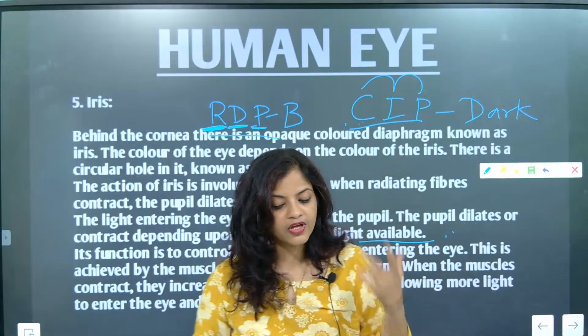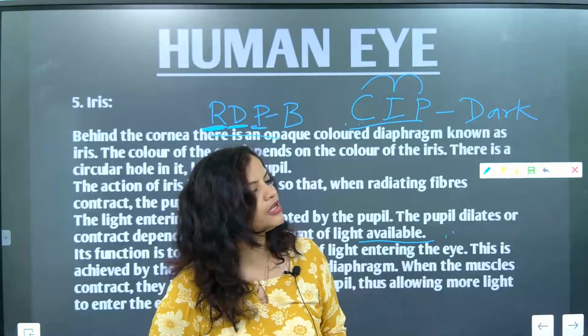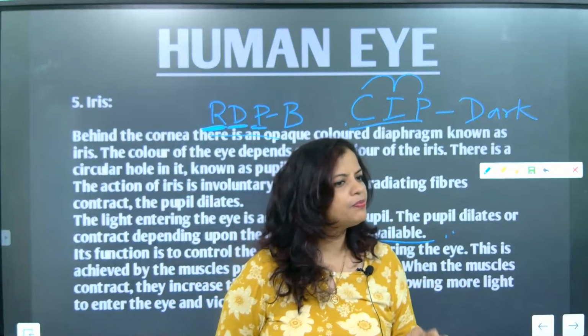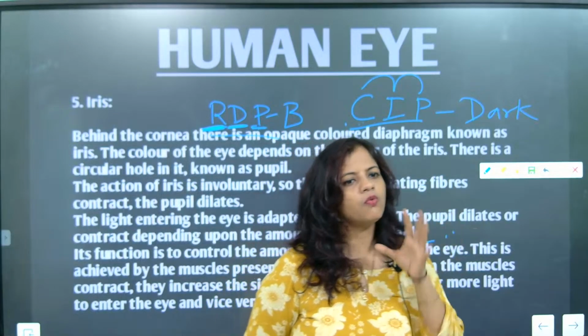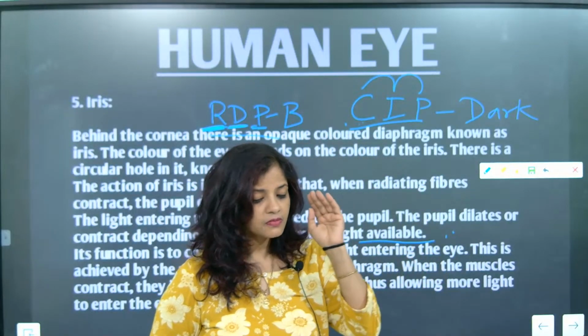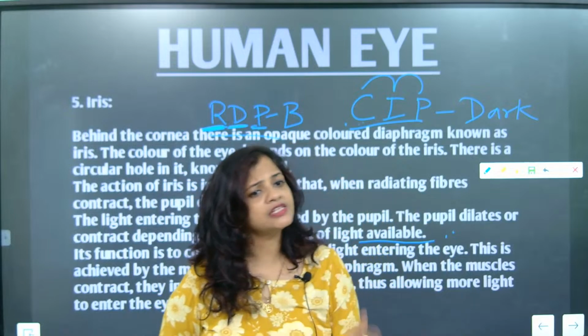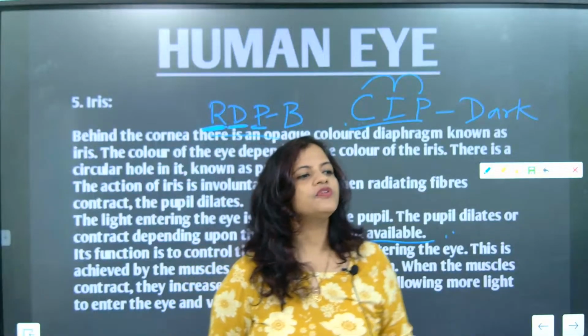Now you know, there is one extra thing I want to add, a very important thing. Just listen very carefully. Some people have extra cones, so they can sense color much better than us. If you ask them to differentiate color, they will say blue.